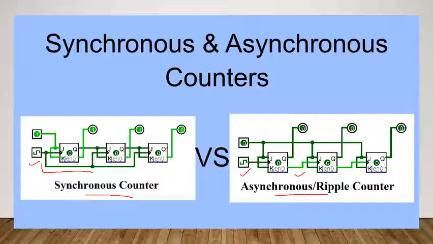It can be a logic or something else, but it will not be directly shorted with the first flip-flop's clock. Similarly, this is the clock for the third flip-flop and we can see it is not shorted to the initial clock. So this is a major difference between the two types of counters. In synchronous, all the clock signals for all the flip-flops are shorted, and in asynchronous it is not so.